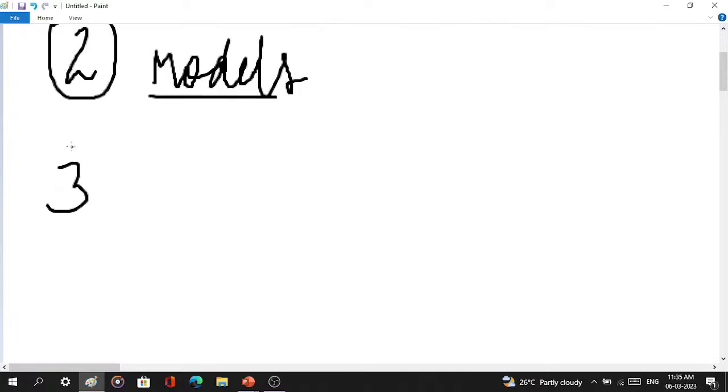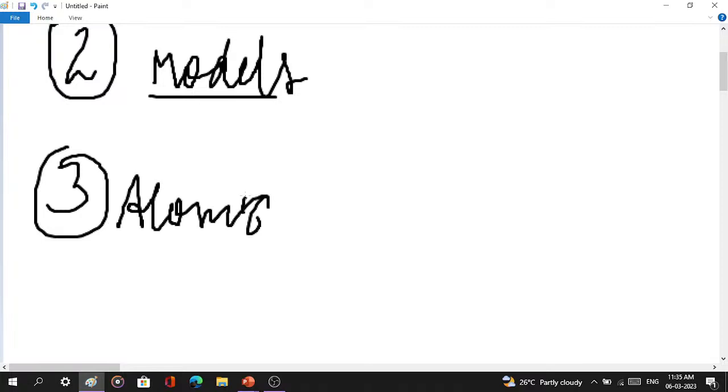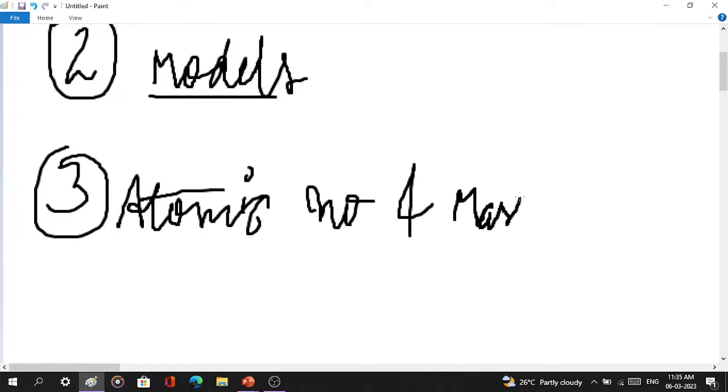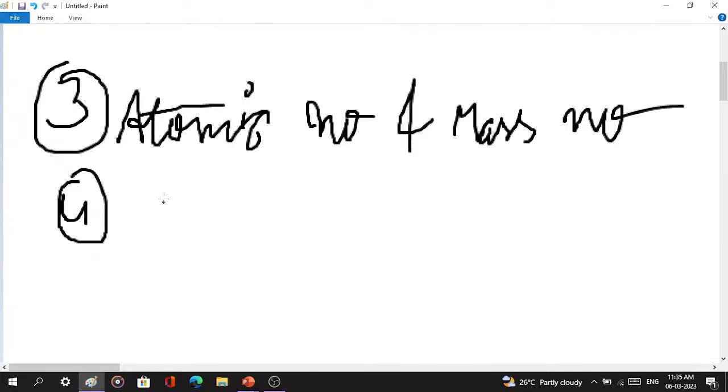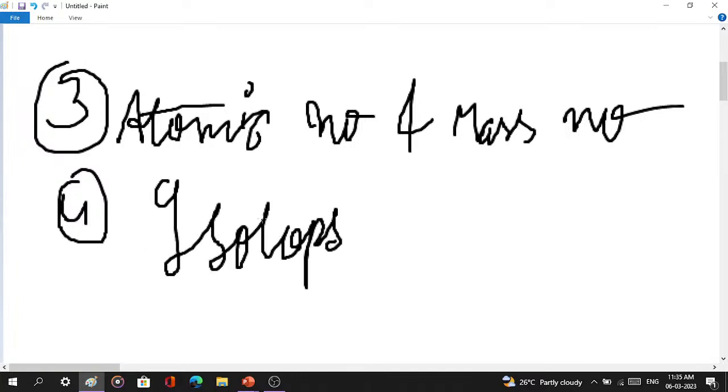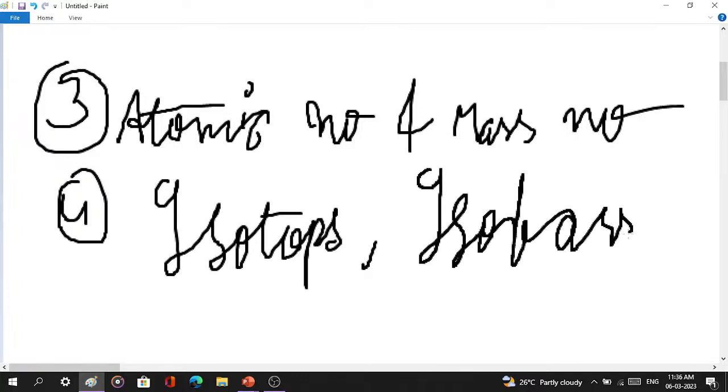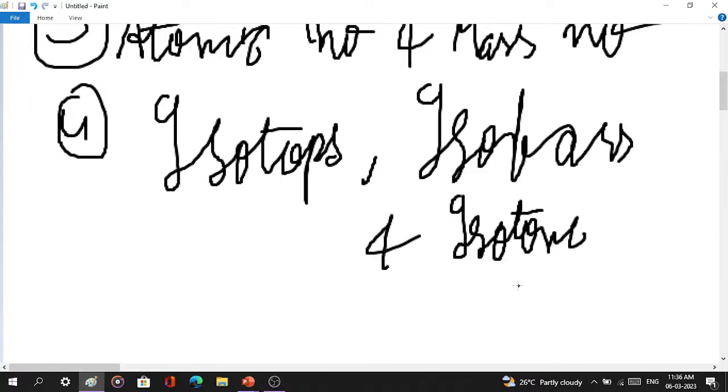Then the third thing we have done, I have made you clear with things like atomic number and mass number. Then at fourth we have cleared the concept of isotopes, isobars, and isotones. क्लियर हो गया ना? उम्मीद है हो चुका है.